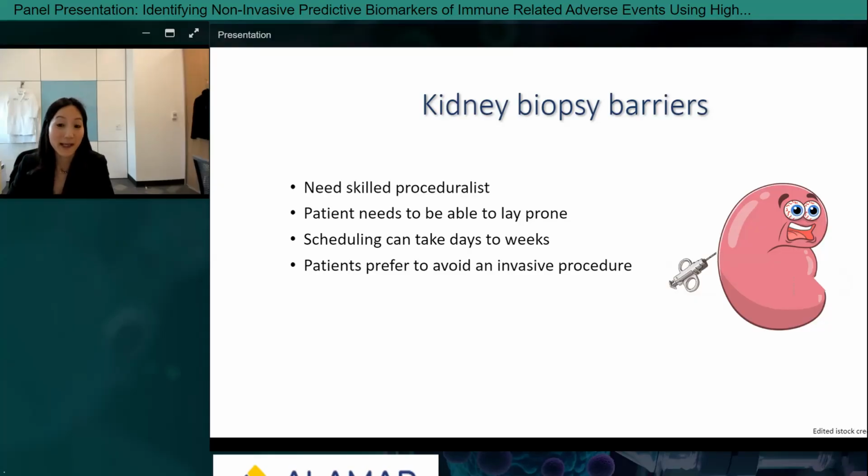Patients with cancer probably have already undergone a lot of invasive procedures and don't want to add another procedure onto their to-do list. But most importantly, the risk of bleeding is actually higher in patients with cancer because they might have anemia, thrombocytopenia, coagulopathy, or they might be on another medication such as a tyrosine kinase inhibitor that increases their bleeding risk.